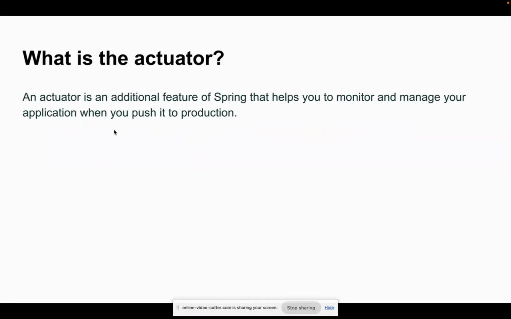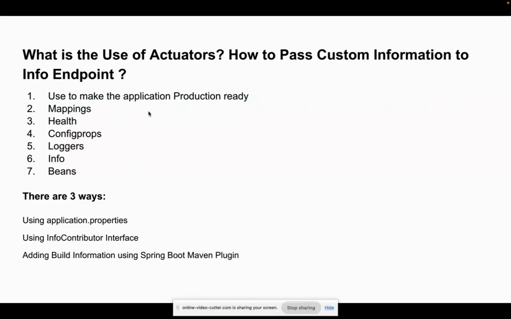Now, what's Actuator? Actuator is an additional feature of Spring that helps you to monitor and manage your application when you push to production. So this question is very, very important if you are using Spring Boot. Now, what is the use of Actuator?